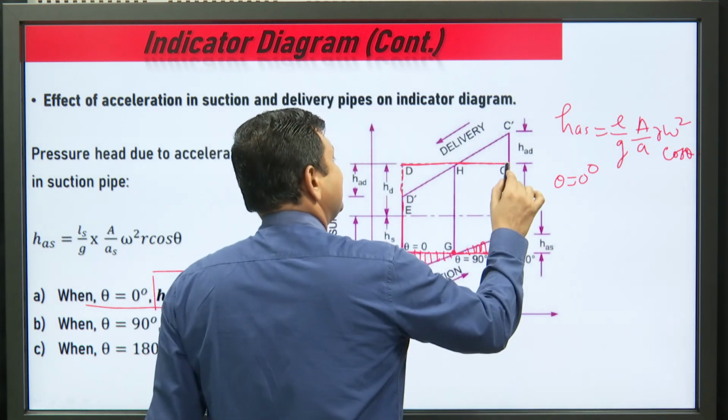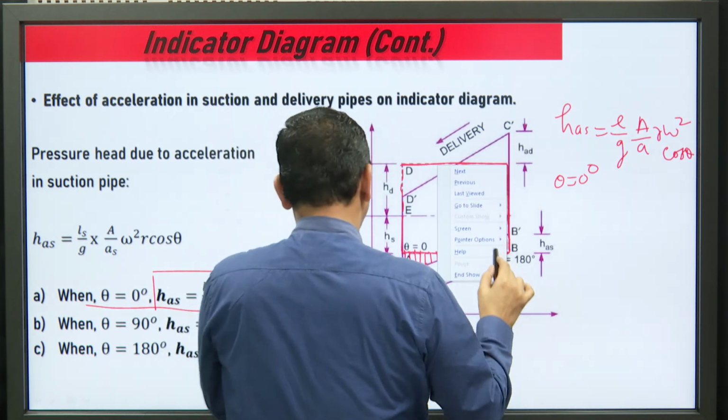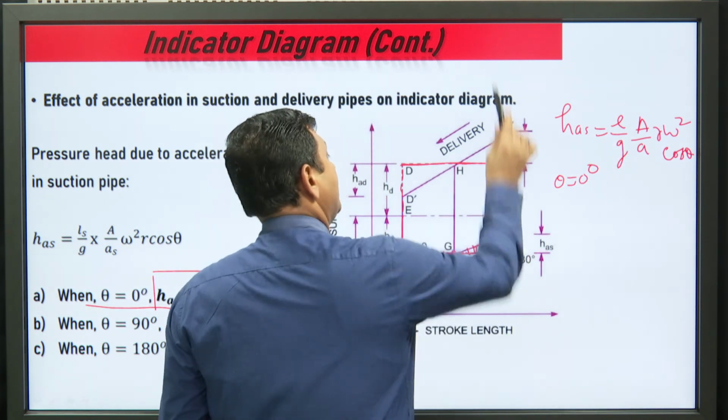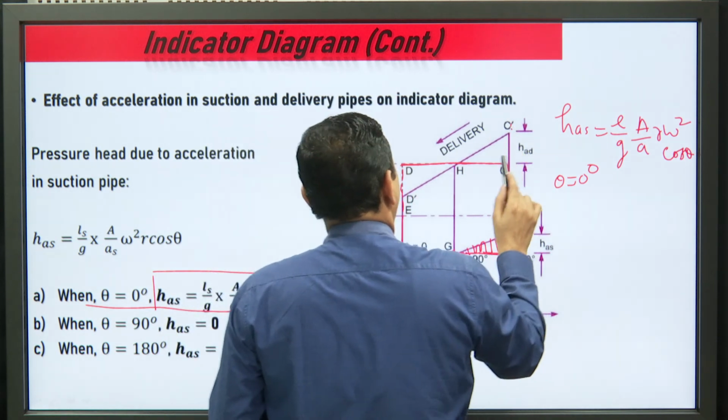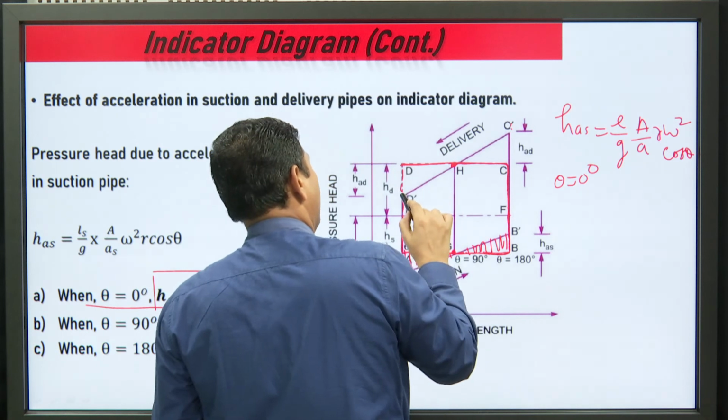Similarly, positive is above the atmospheric pressure, plus we are adding HAD, no effect at the center, and this goes down.